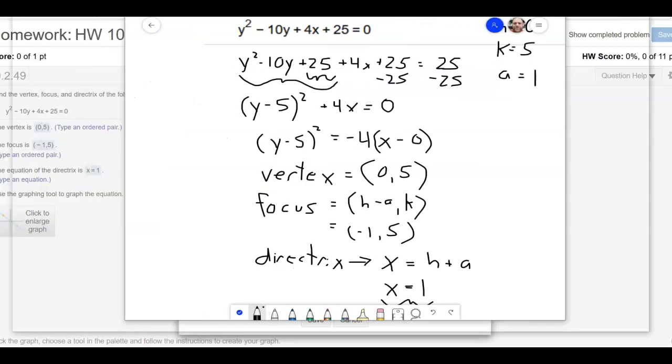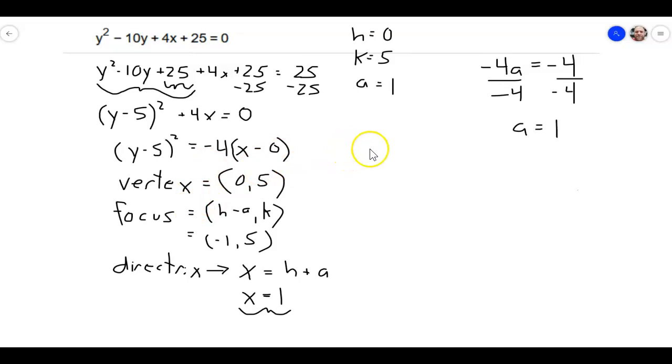We already have the vertex, so we're going to first use the point 0, 5, and then we need one other point that works. Let's go up to this formula right here, and I'll simplify that.